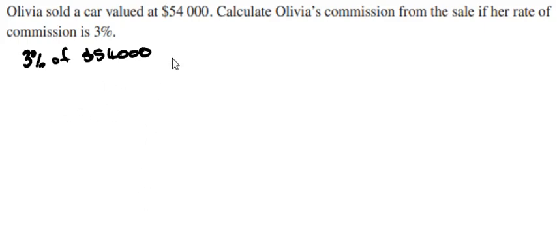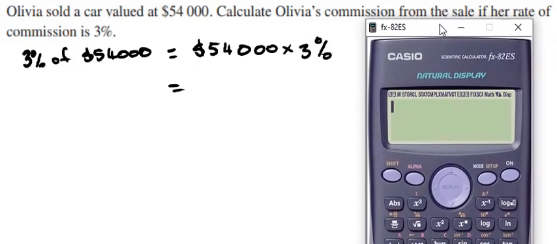Now, on your calculator, we know how to do that. You're going to type in 54,000 times by 3, and then you're going to use the percent button. Very easy. So where's my calculator? Here it is.